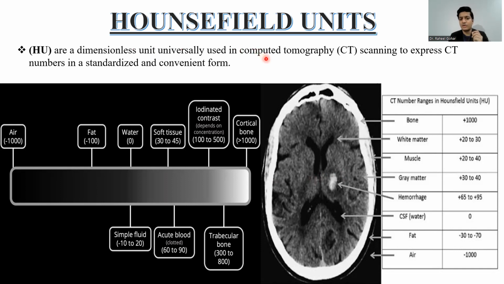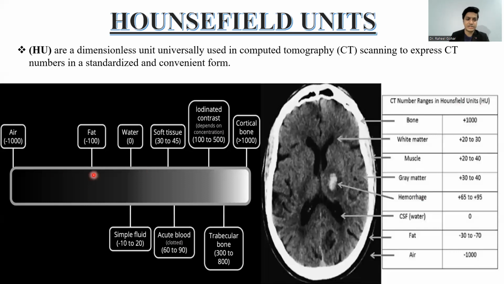I will talk about three things. As you can see here, water or CSF has a Hounsfield unit of 0, so it will appear black. The bone has a Hounsfield unit of 1000, so it will appear white, hyperdense. And air has a Hounsfield unit of -1000. Here you can see again that air is the most black and cortical bone is the most white.